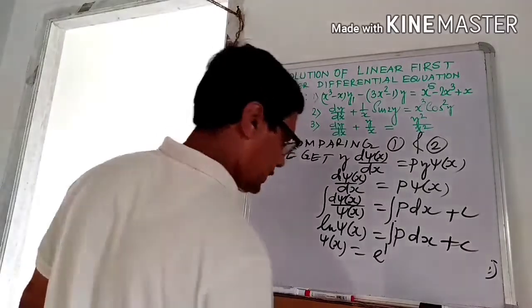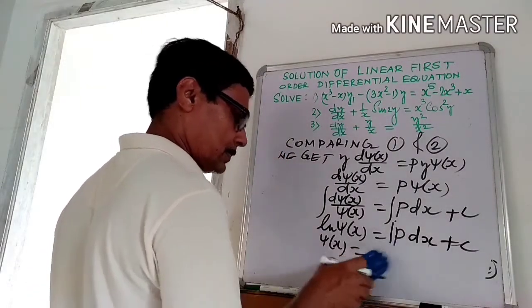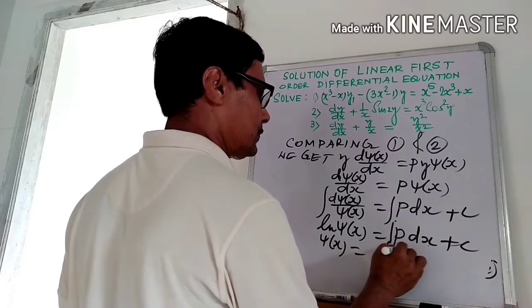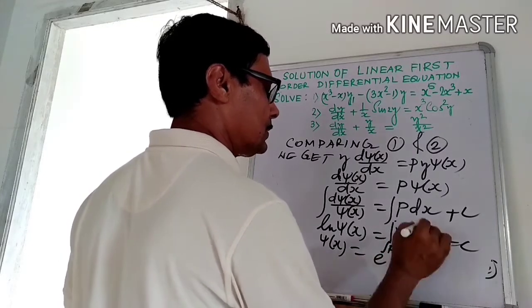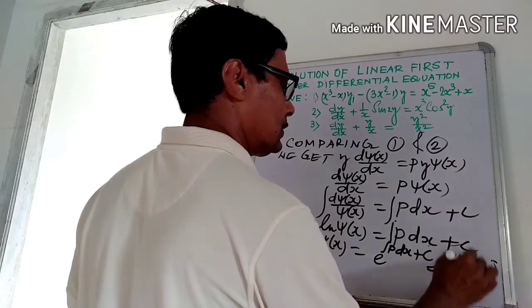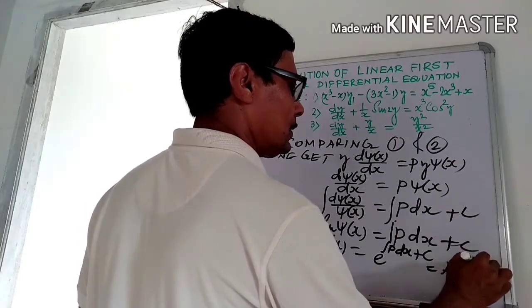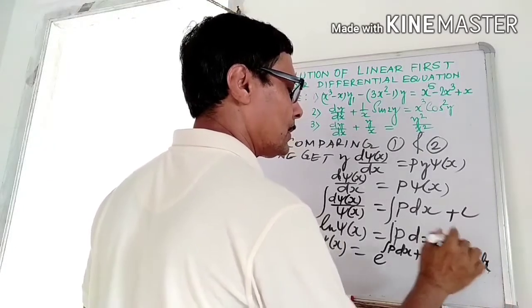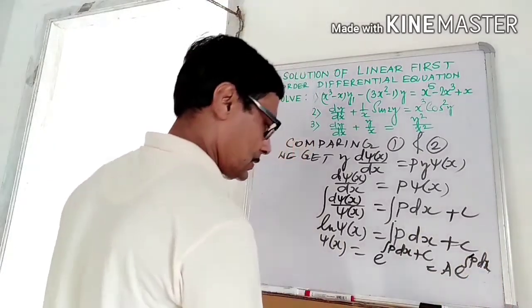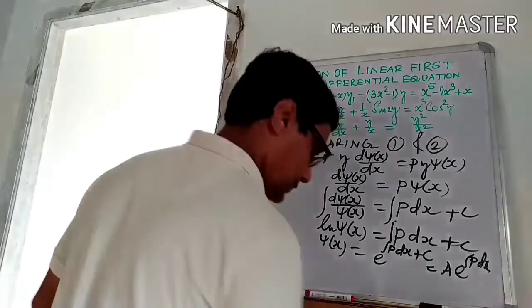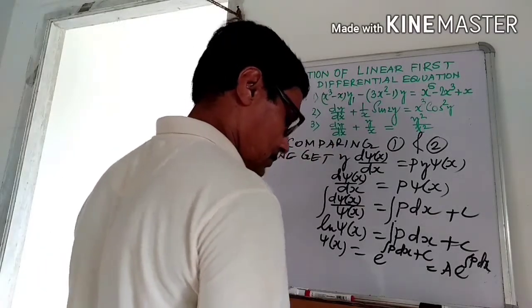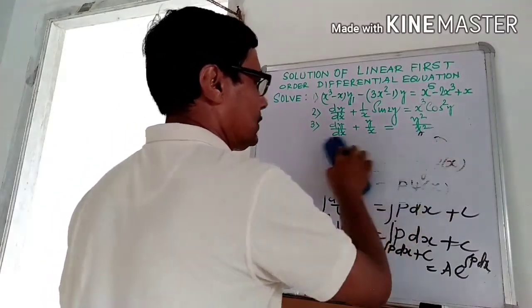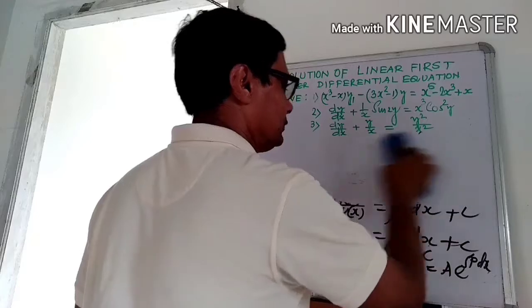So psi(x) = e to the power (integration p dx + c), that is a times e to the power integration p dx. And this psi(x) is called the integrating factor.